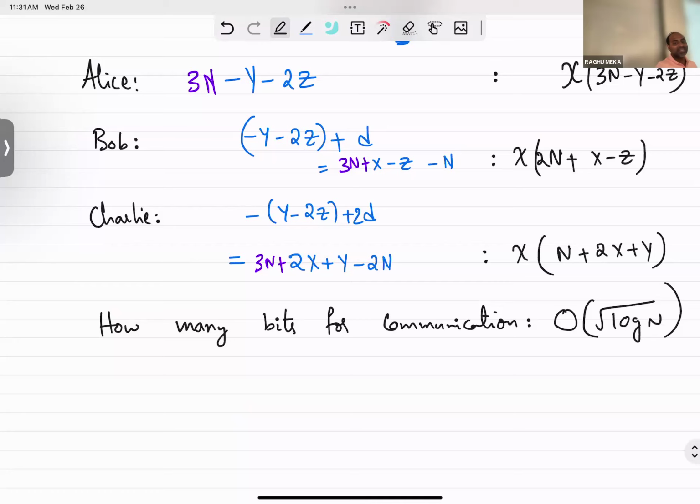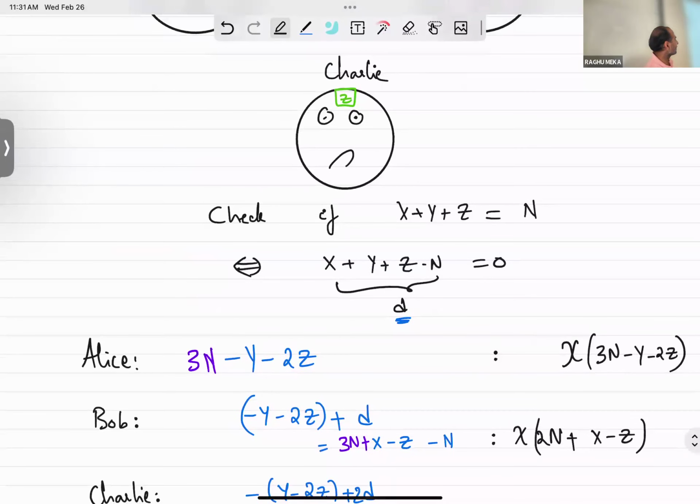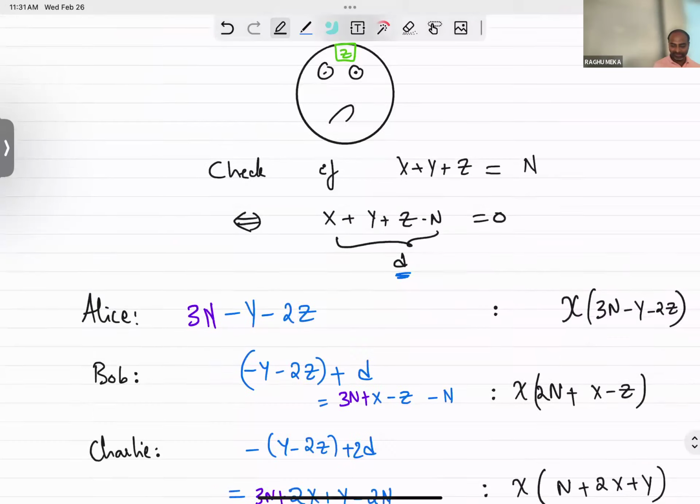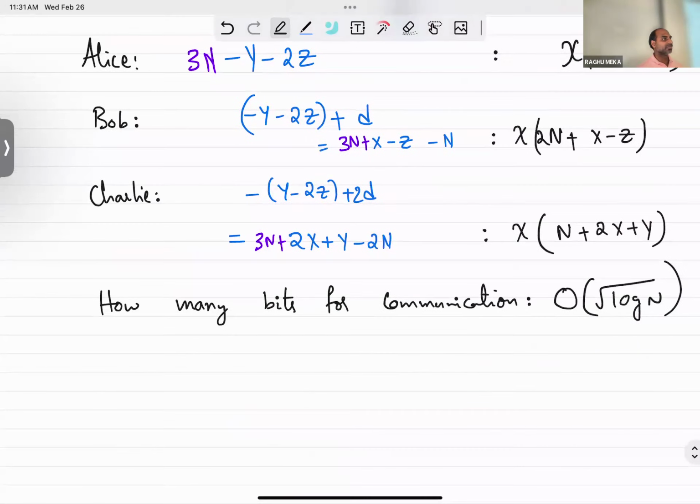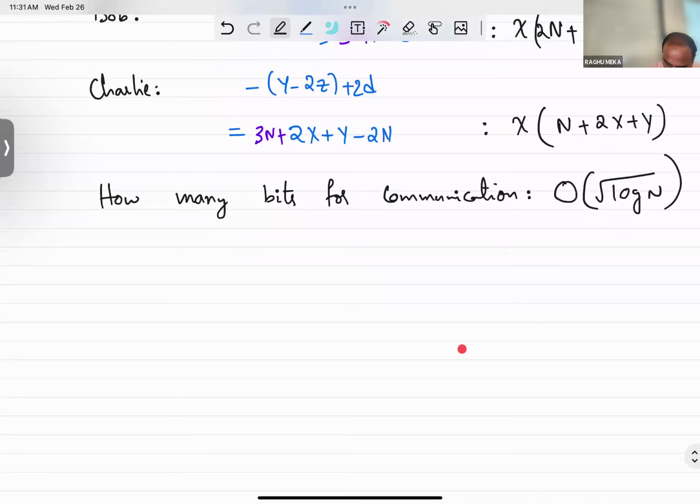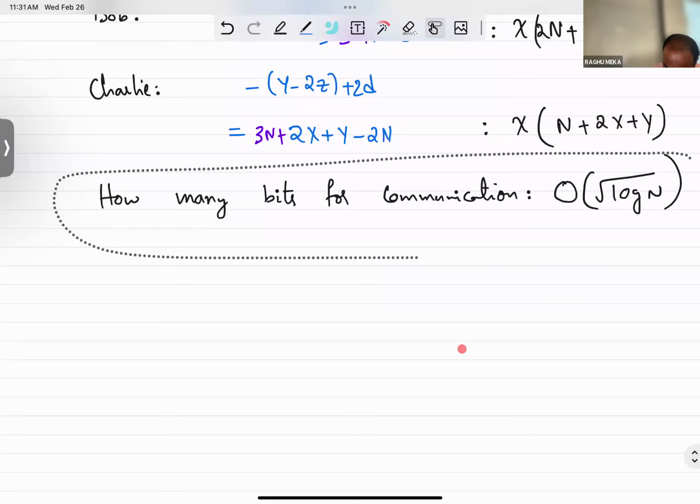Okay. But why is this a good protocol? Well, if the checksum is actually satisfied, x plus y plus z equals n, what should happen? So they announce the color and they check if all the colors are the same. That's the protocol, right? So maybe let me write that down.